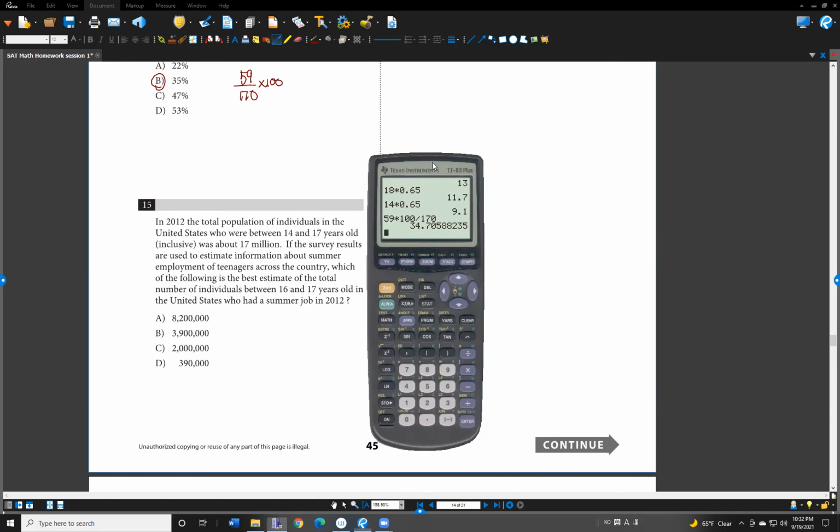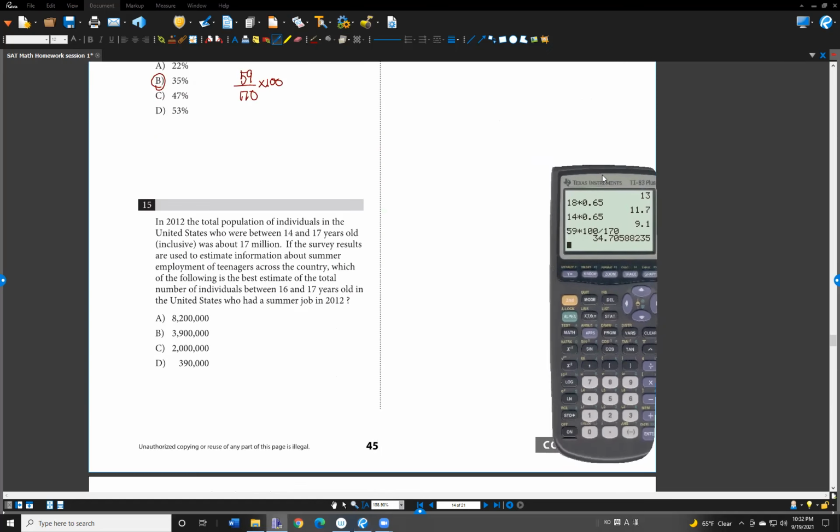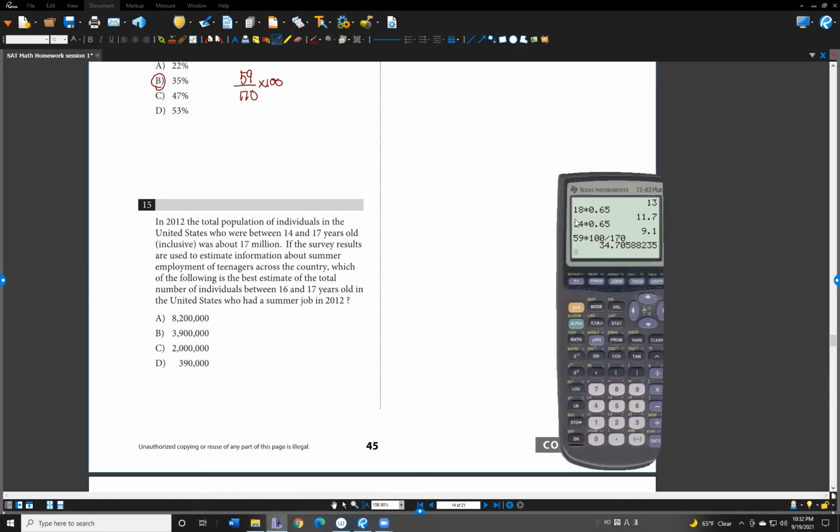All right, number 15. 2012 total population of individuals in the United States between 14 and 17 years old. Only between 14 and 17 years old, 2012. There was about 17 million.